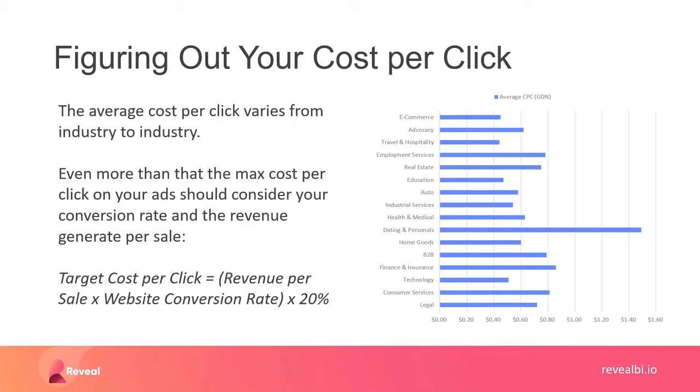So you have your Tinder or your Bumble or whatever it might be, and there's a handful of them. So the competition for those sites is particularly high, so your cost per click is then going to be high.